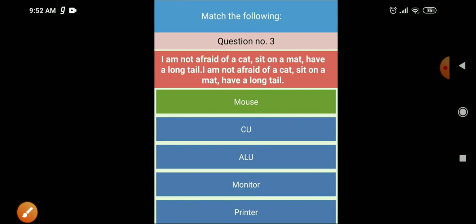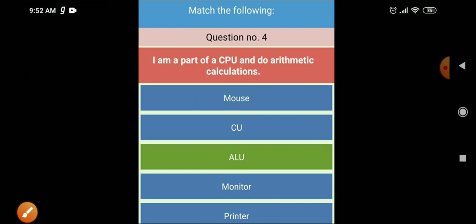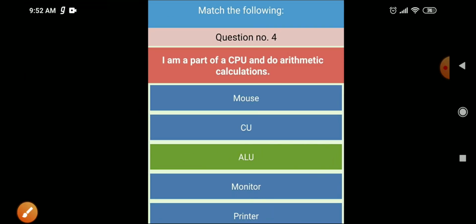I am not afraid of a cat. Sit on a mat. Have a long tail. Now, this riddle is about a mouse. I am a part of a CPU and do arithmetic calculation.